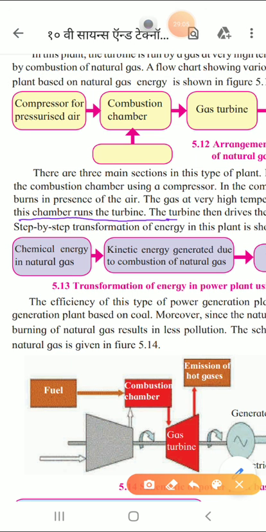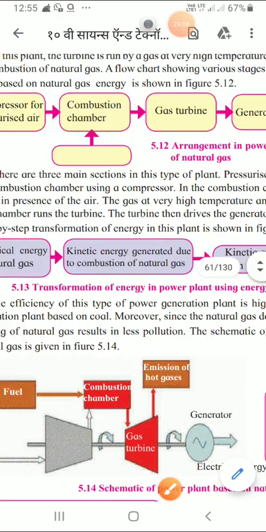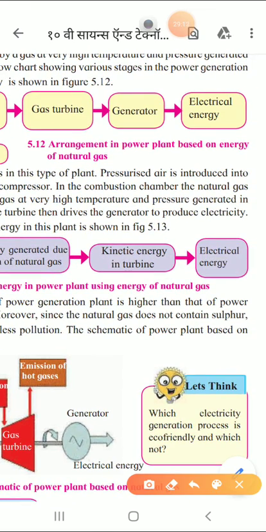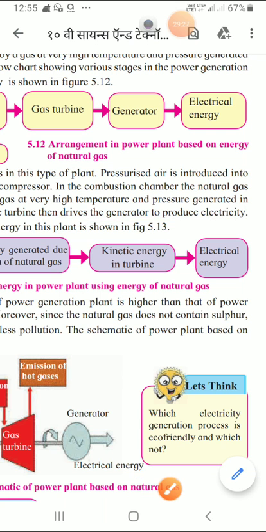The turbine then drives the generator to produce electricity. So this way here the electricity is produced. So hope you might have understood.